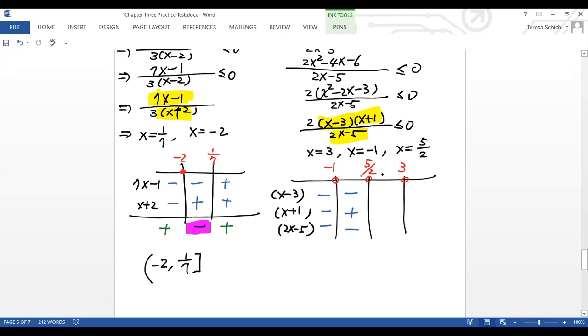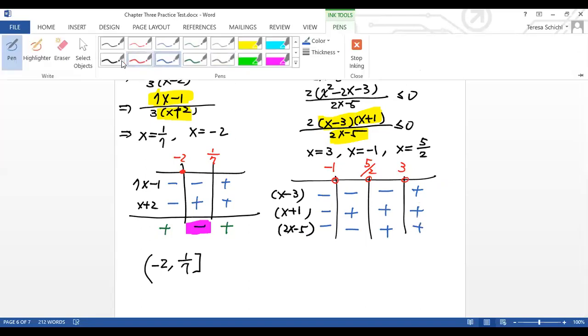This one, between 5/2 and 3, so it's a 2.9. So this is negative. This is a positive. 2.9. So this is a positive. That's right. Okay. And now greater than 3. So this will be positive, positive, positive.